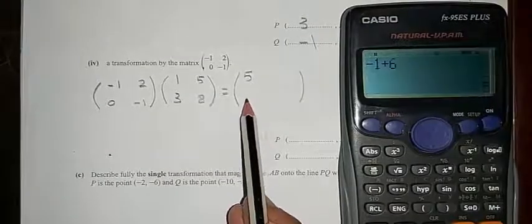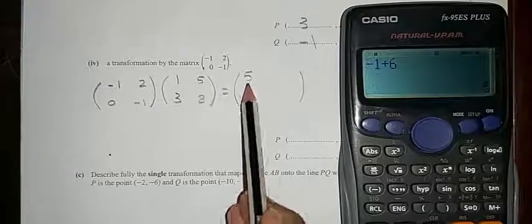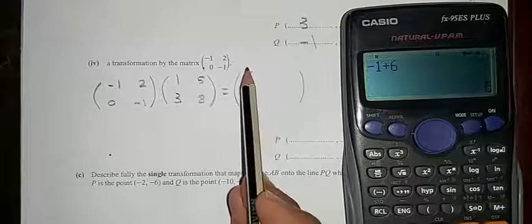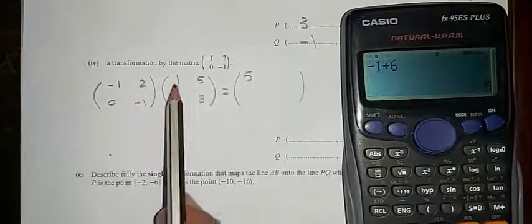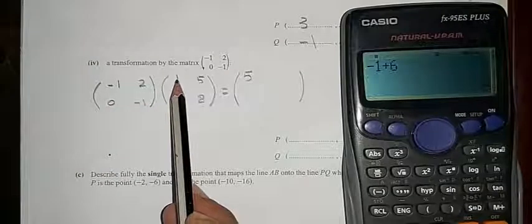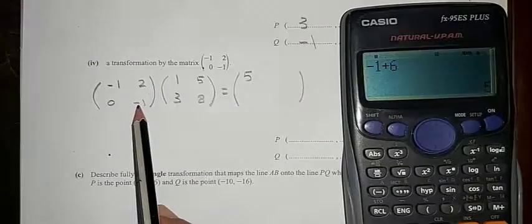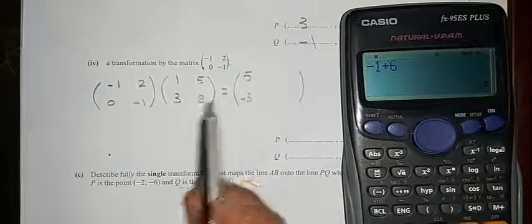This number will be found here in the second row and first column. So we will multiply the second row by the first column. 0 times 1 is 0, -1 times 3 is -3. So we will write here -3.